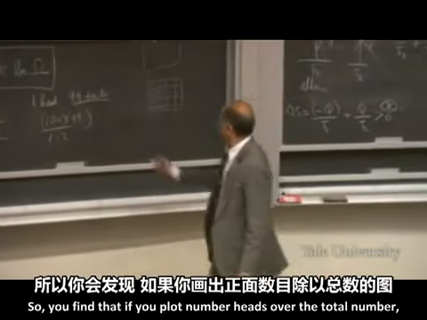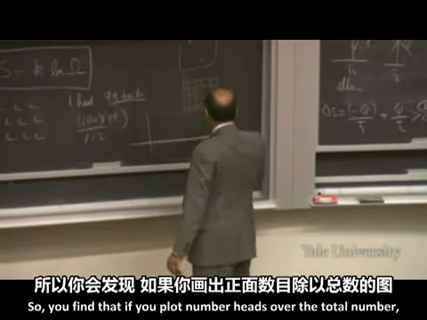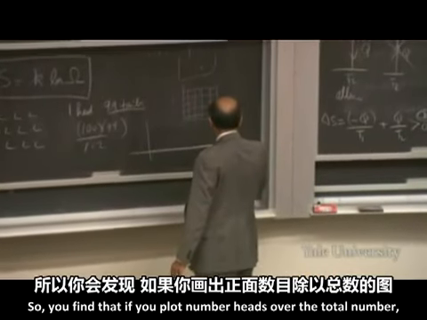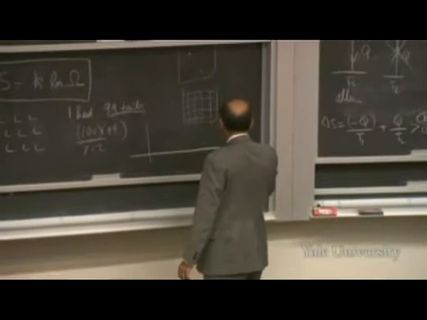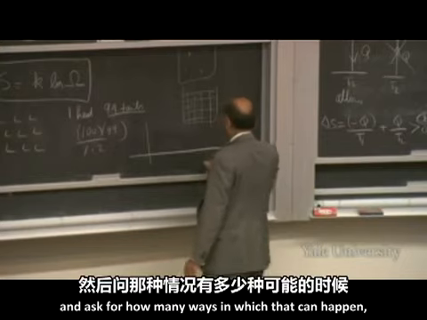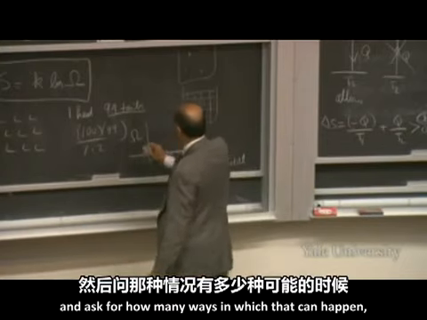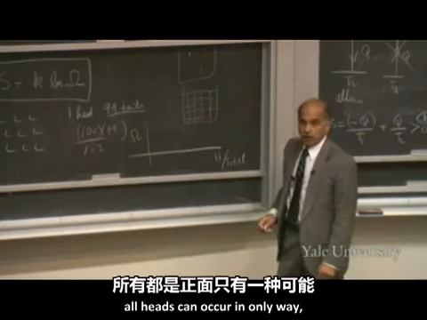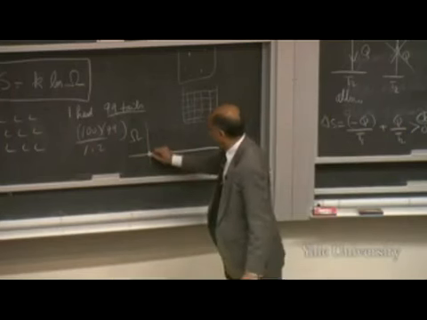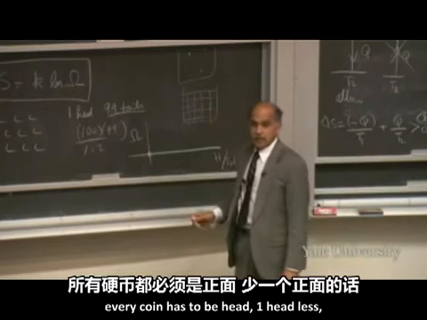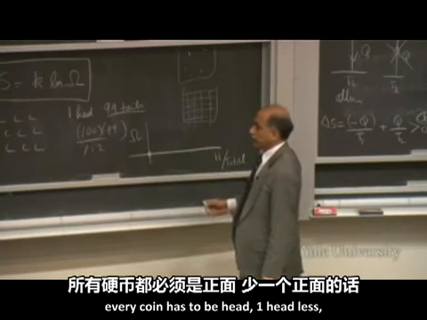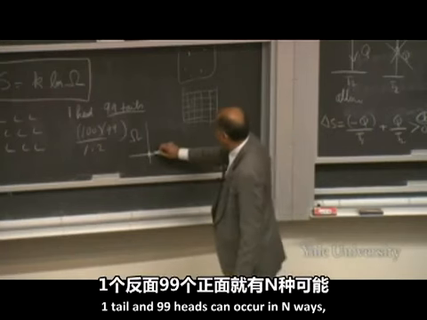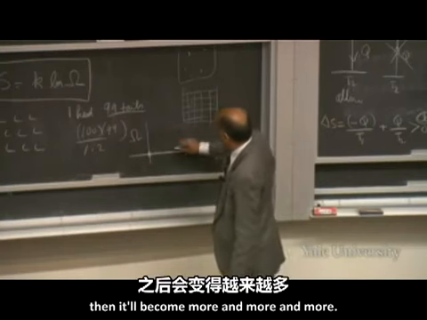So you find that if you plot number of heads over the total number and ask for how many ways in which that can happen, all heads can occur in only one way. Every coin has to be head. 1 head less, 1 tail and 99 heads can occur in n ways. Then it will become more and more and more.